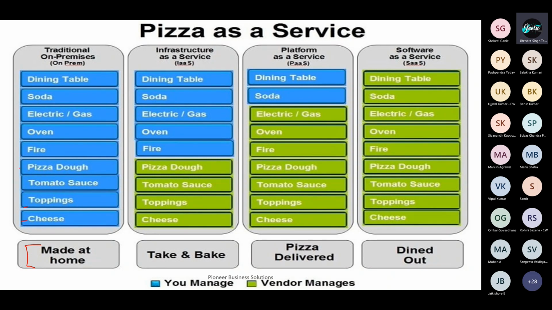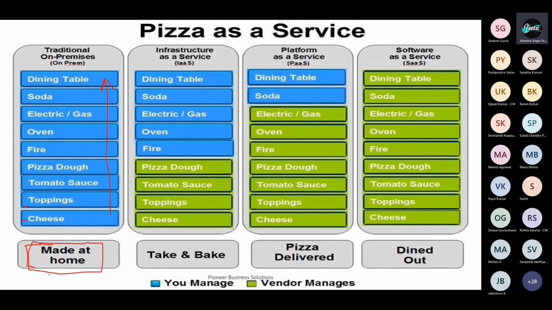Cheese, toppings, tomato sauce, pizza dough, fire, oven, electric, soda, and dining. You have to manage everything from bottom to top. You need to collect from here and there, and then you need to deal with it. So with homemade, you will be managing a lot of things.